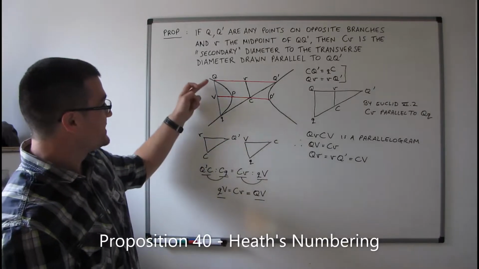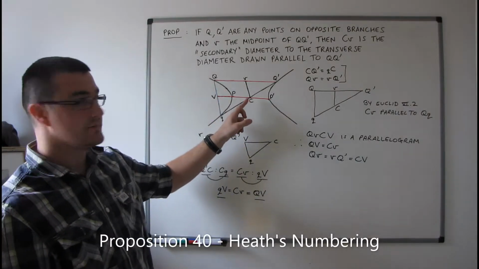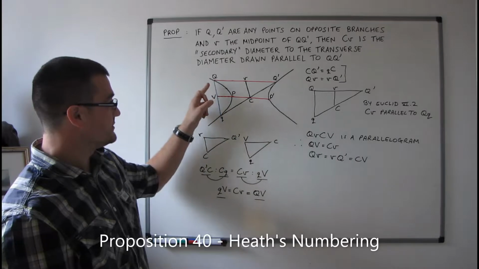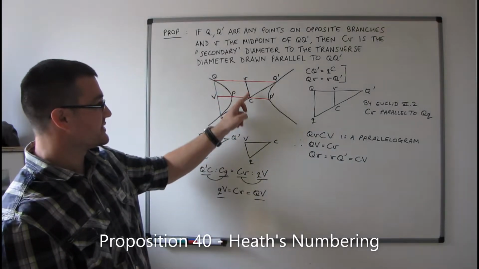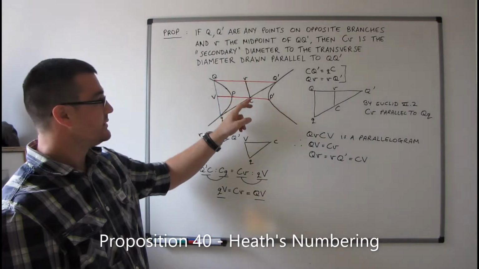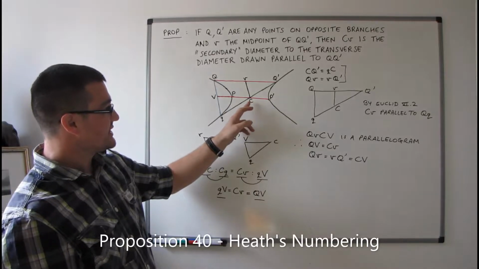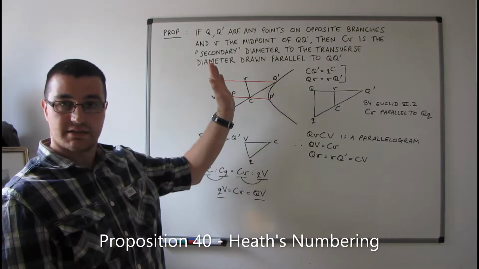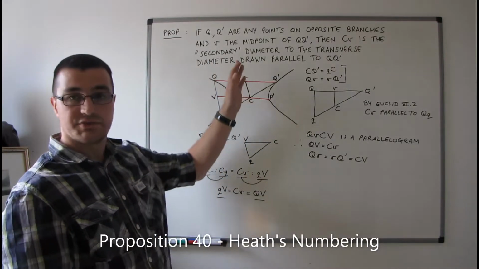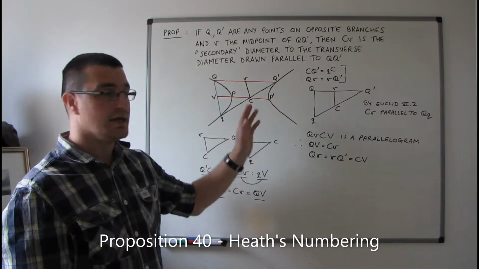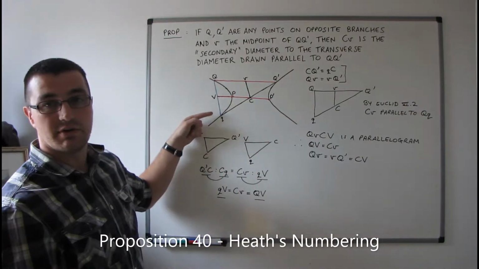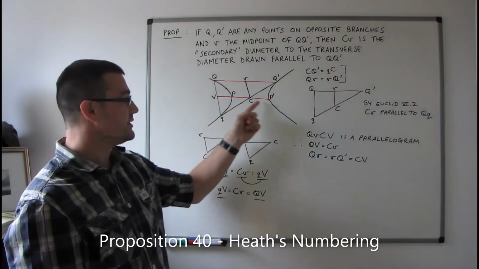Well, this is parallel to the conjugate diameter. So this is parallel to CV. So because CV passes through the center, then it must be a diameter. And it must be, because it's parallel to QQ, the conjugate diameter to PP primed.